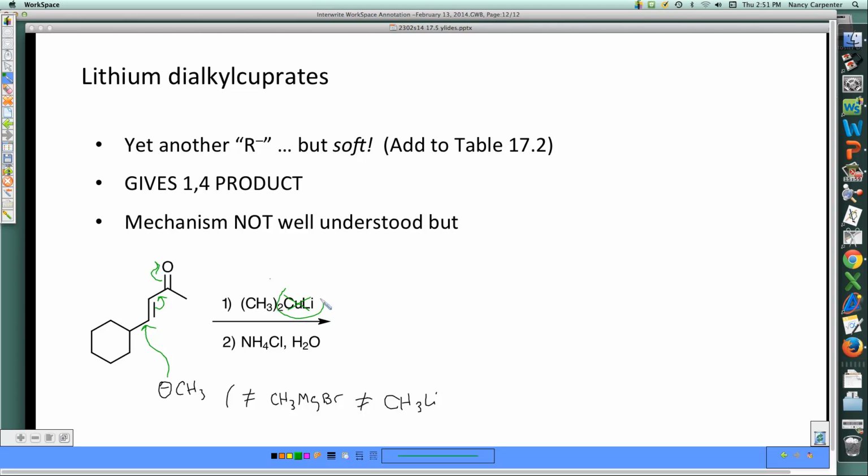That makes some sense because copper is a transition metal. If you look at the periodic table, look at lithium, look at magnesium, they're both much smaller and much more electropositive than copper.